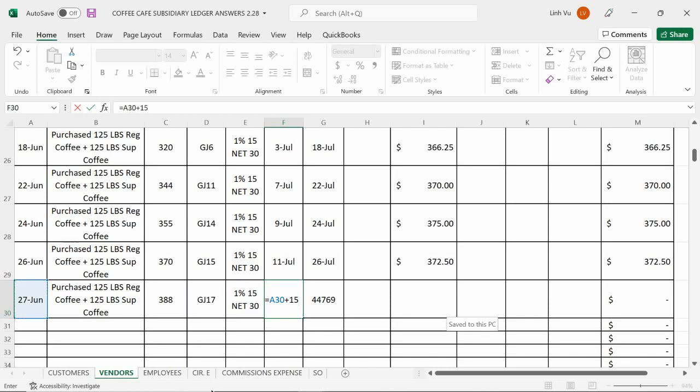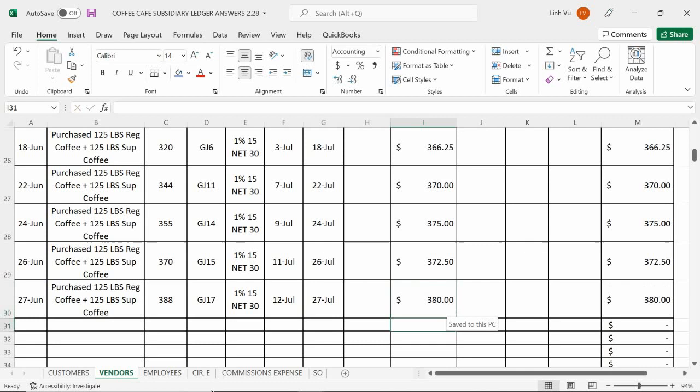So that means the last day we can pay to get that discount is July 12th. And if not, the bill will be due on July 27th for $380.